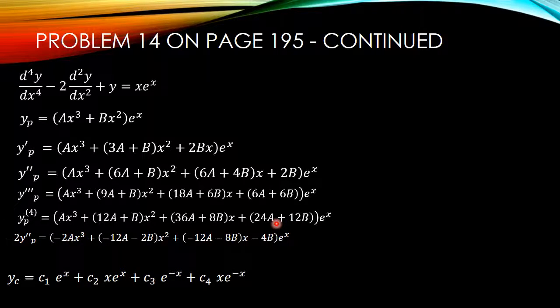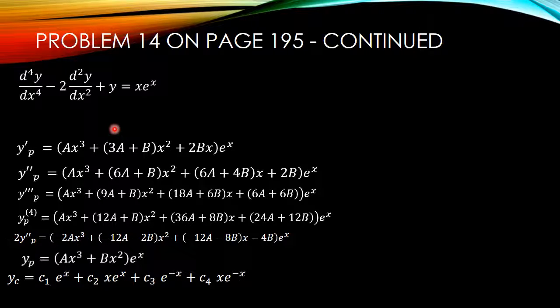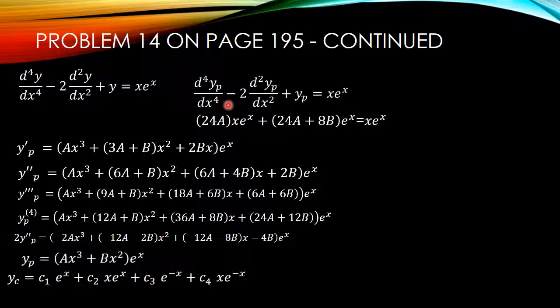And then plus my particular solution, which will be that. Sorry, not 2 times, just the particular solution. So if I plug them all in here and then add them together, I get this expression.